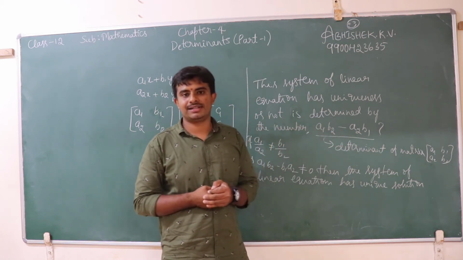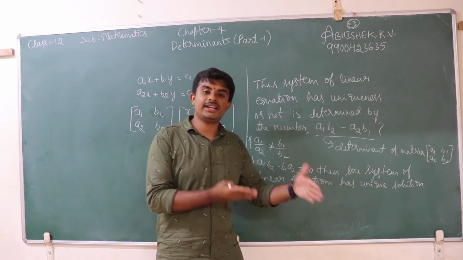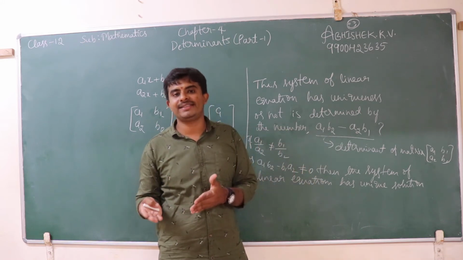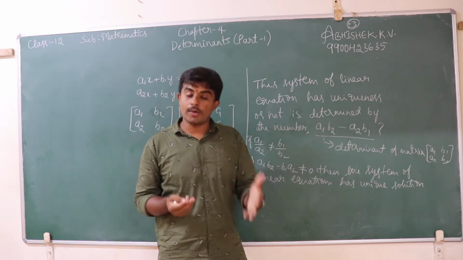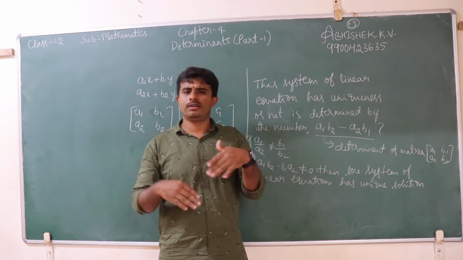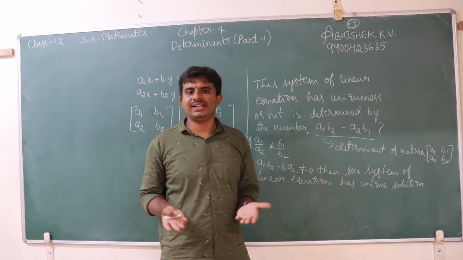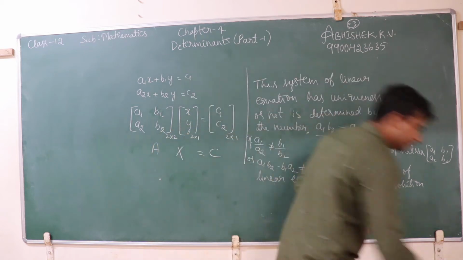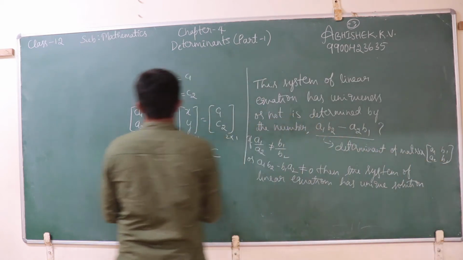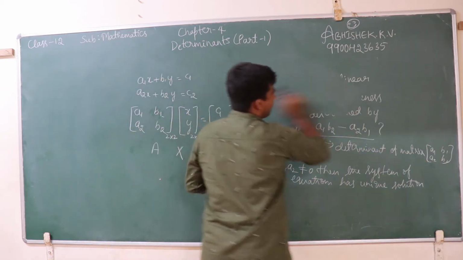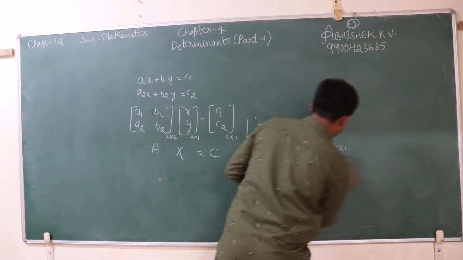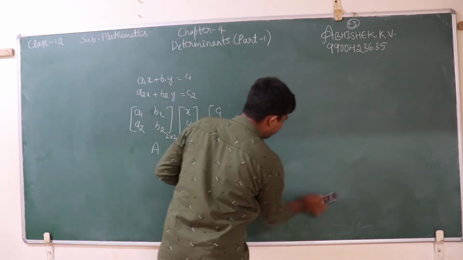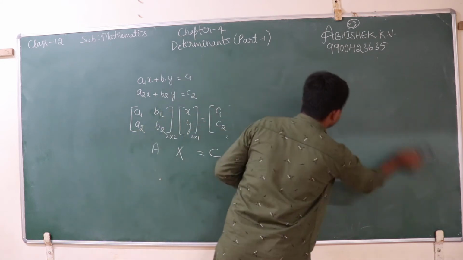Then the question arises, sir, what about the matrix 1 cross 1? What about the matrix 3 cross 3? What about the matrix 2 cross 1, or except 2 cross 2, what about the determinant? Let us discuss that.